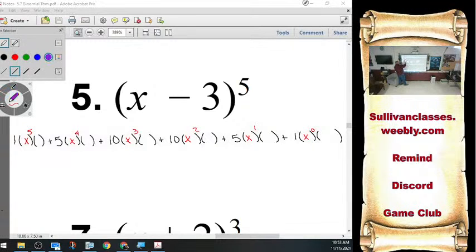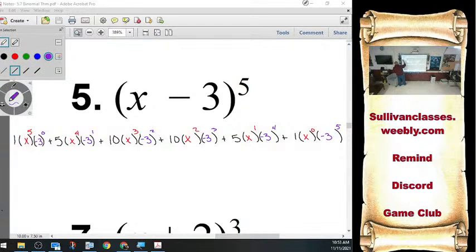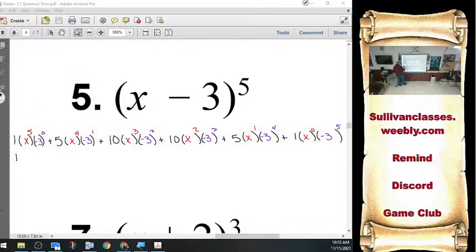I know I will have negative 3 to the 0, negative 3 to the 1st, negative 3 to the 2nd, negative 3 to the 3rd, negative 3 to the 4th, negative 3 to the 5th. Where you have to be careful is this is 1 times this plus 5 times this plus 10 times this.